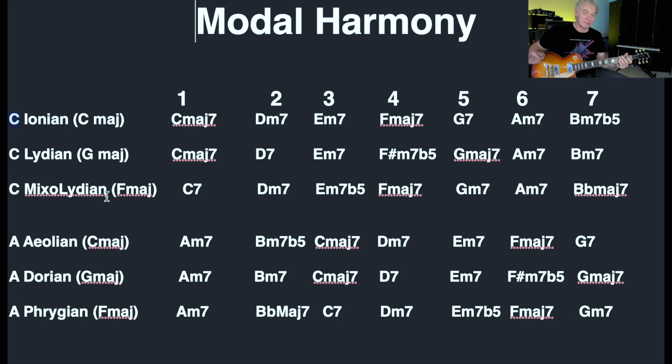Now this is like every classic rock song, right? Okay, you could think, well, I got a major chord, that's my first chord, then I have this flat 7. What you're really playing is a 5-4-1 in the key of F, and F is C Mixolydian. They're one and the same, right?